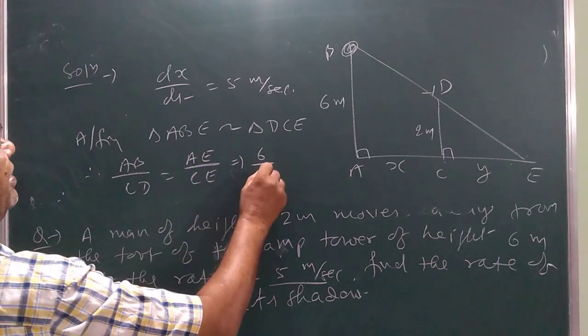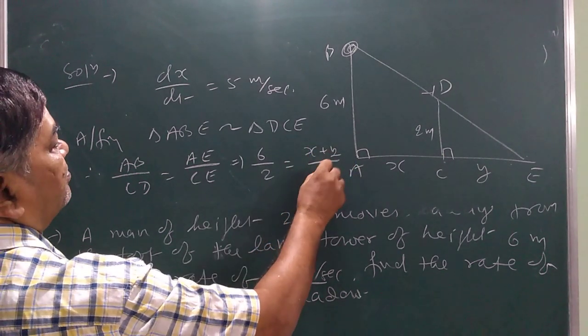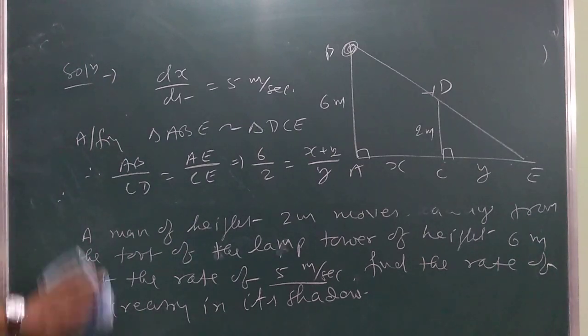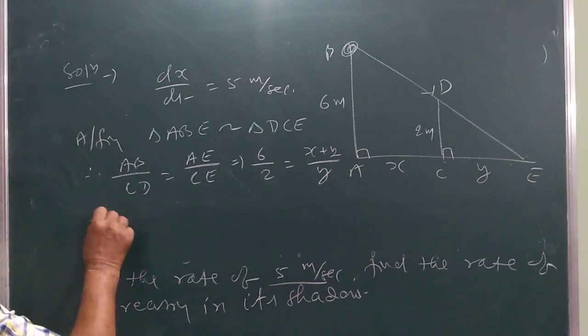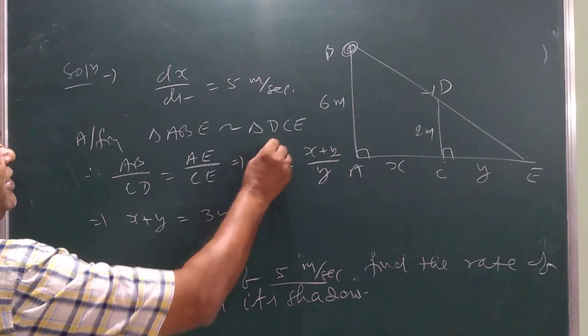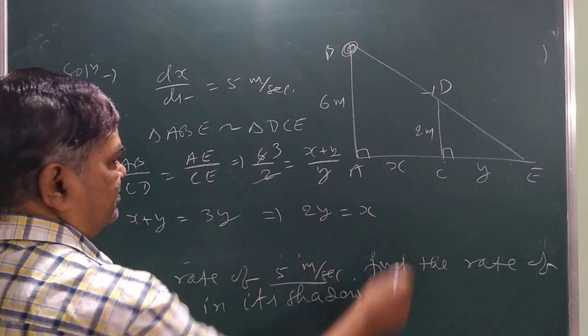This is 6 by 2 is equal to x plus y by y. Now if you solve this one, then you will get x plus y is equal to 3y. So 2y is equal to x.